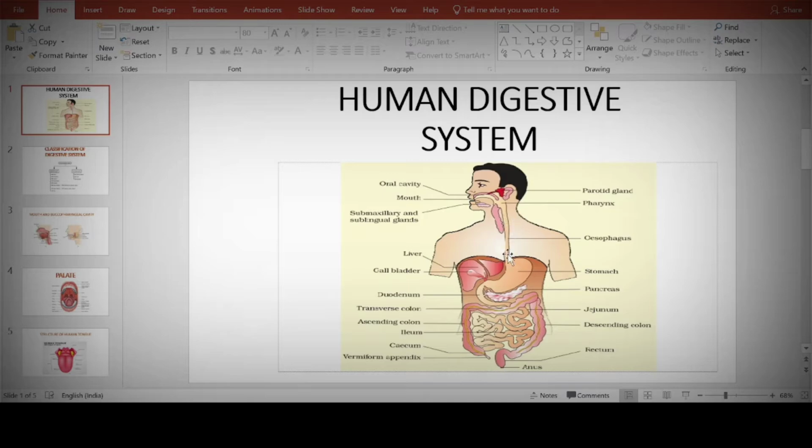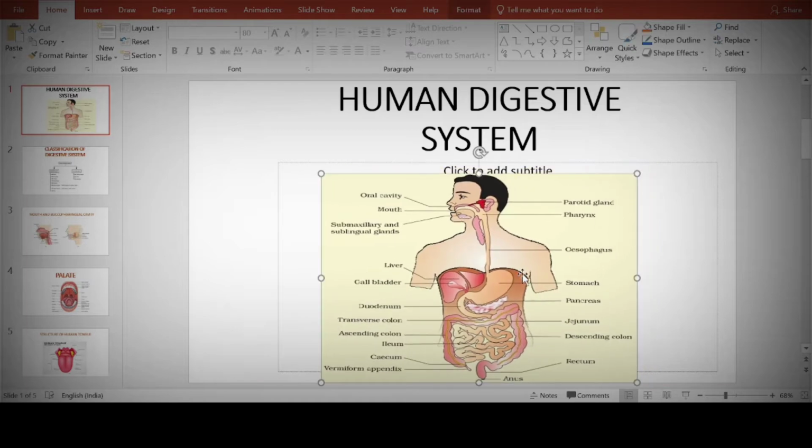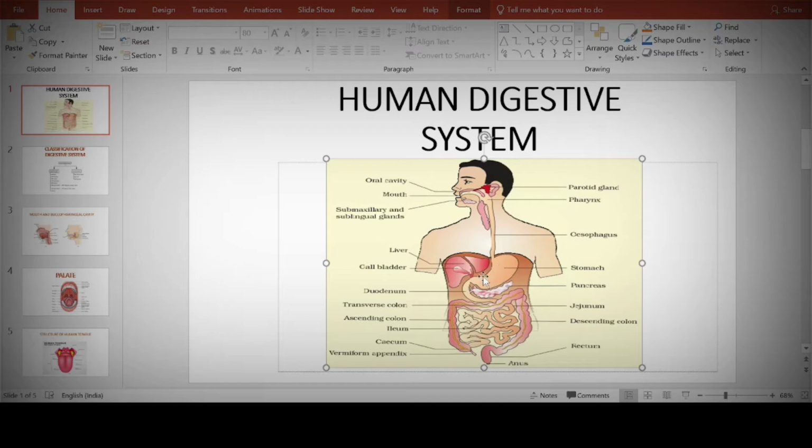This oesophagus further terminates into this J-shaped structure. We can say the stomach typically has the form of a J-shaped structure.